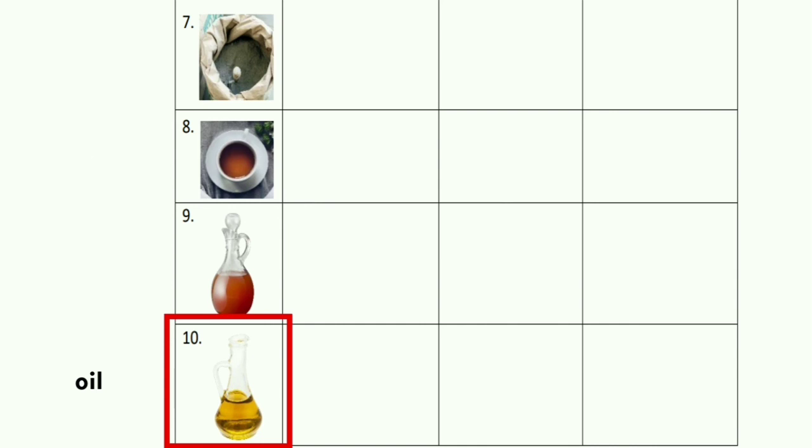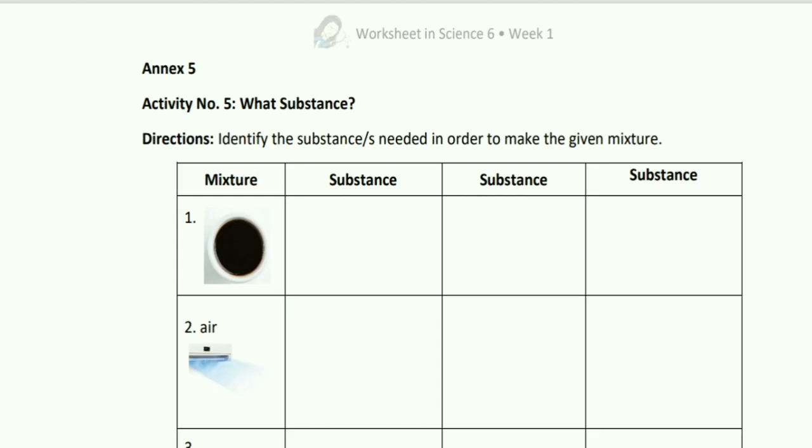What substances were used to make these mixtures? For example, the first one is a vinegar soy sauce. To make a vinegar soy sauce, we need a vinegar and a soy sauce. So, we use 2 substances here. Write the first substance, either the vinegar or the soy sauce.